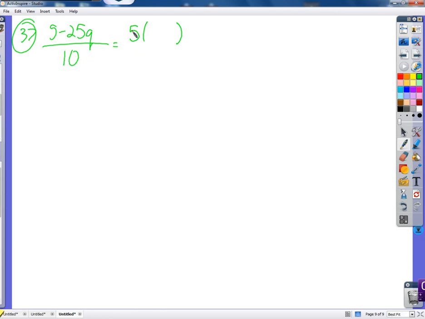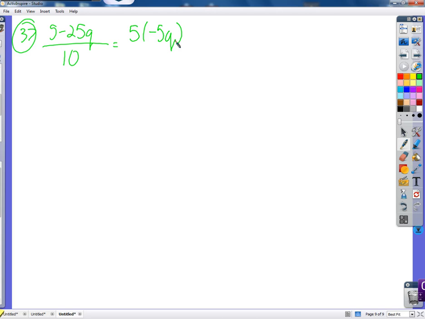Let's think. Distribute the 5 to this first thing, and you should get 5. So what would that first thing have to be? Nathan? Negative 5q. Just negative 5 cubed? Well, that's something. We're closer. 5 times negative 5 cubed gives you what?